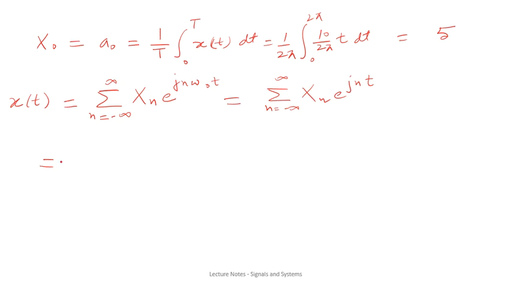Okay, so for different values of n, you can have different terms here, like let's suppose for n equals 4, just you have to put the values here.